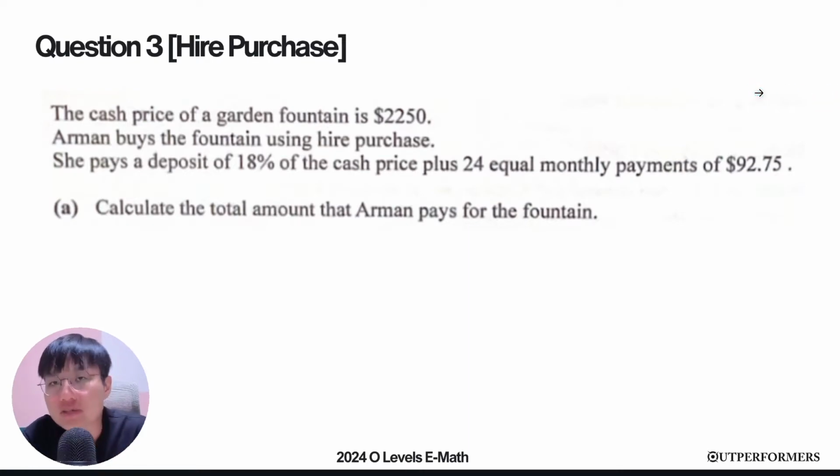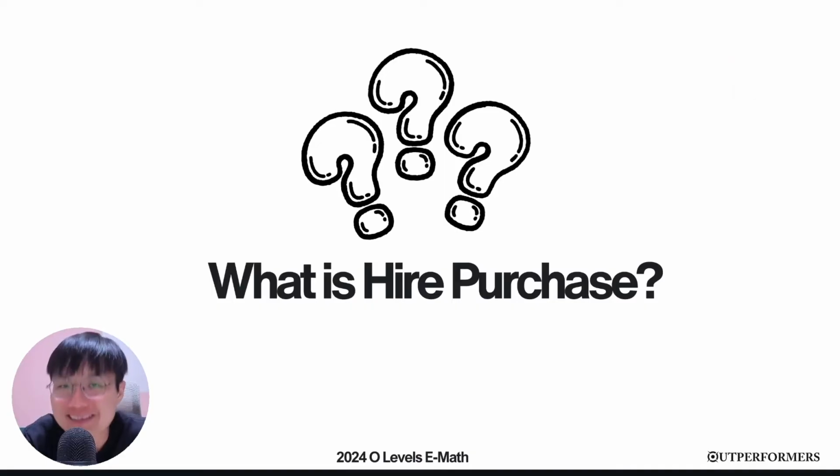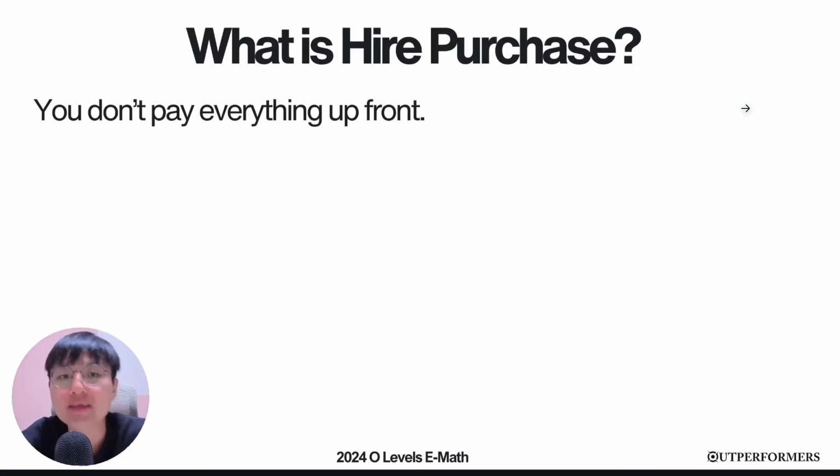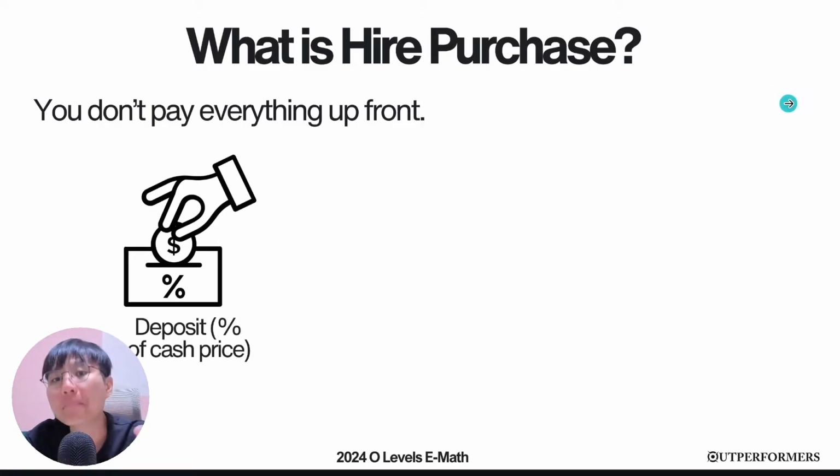So let's first run through what is hire purchase. Hire purchase happens when you are not paying everything upfront. So in this case, Arman is not paying for the fountain upfront, but instead, she's going to pay a percentage first, which is the deposit. Once she pays the deposit, she can already bring the fountain home.